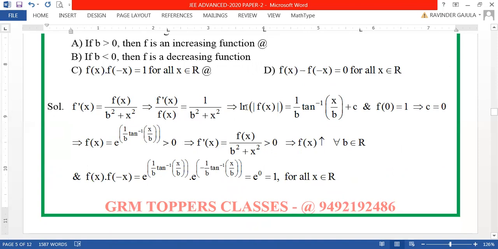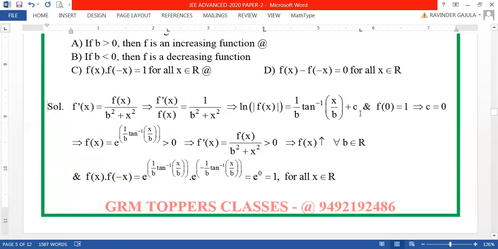So then log mod f of x, because the integration of f dash x by f of x is log mod f of x, equals 1 by b tan inverse x by b, because 1 by b square plus x square integrates to 1 by b tan inverse x by b, plus some constant of integration.